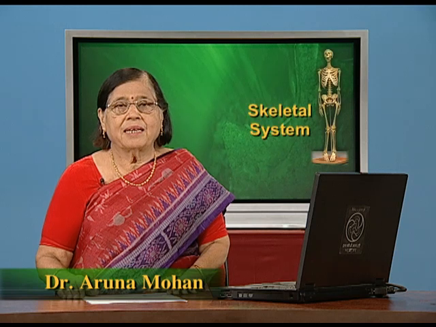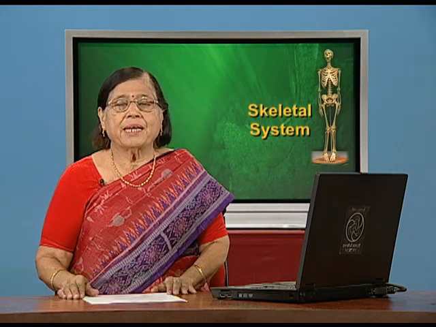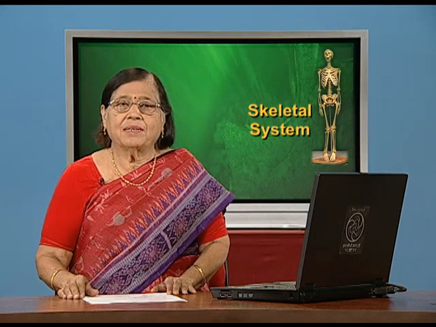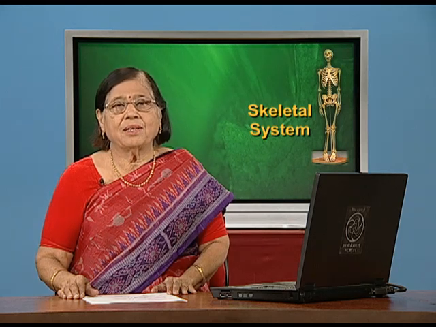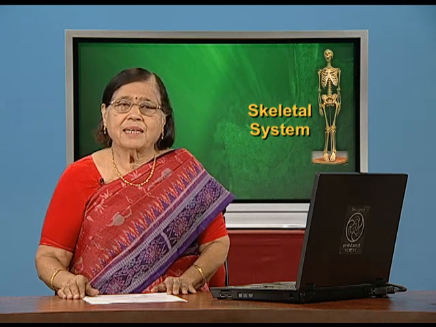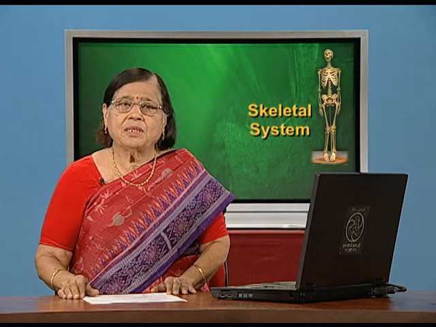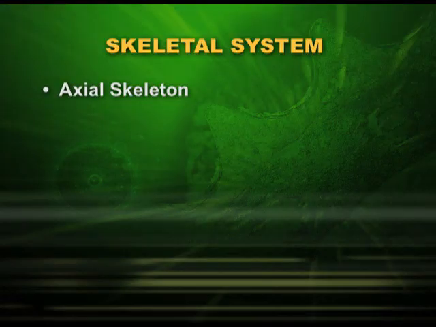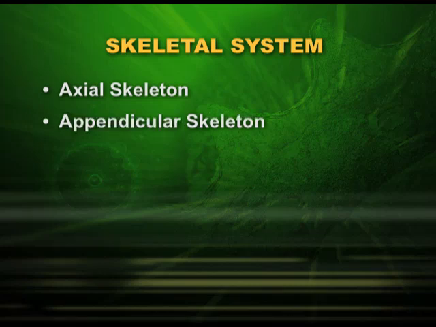Dear students, in previous sessions we discussed the skeleton in relation to movement and locomotion. We understood that along with bones, the muscles and the nervous system are also important, and we discussed in detail the 206 bones in our body, the axial skeleton and also the appendicular skeleton.